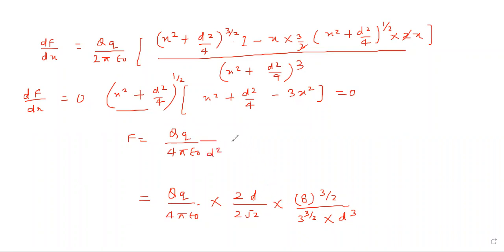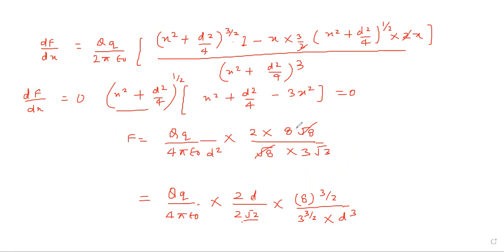Then we are left with 2 times 8 power 3 by 2, meaning 8 root 8, divided by 2 root 2, meaning root 8. So that root 8 may cancel out. And then 3 power 3 by 2 means 3 root 3.